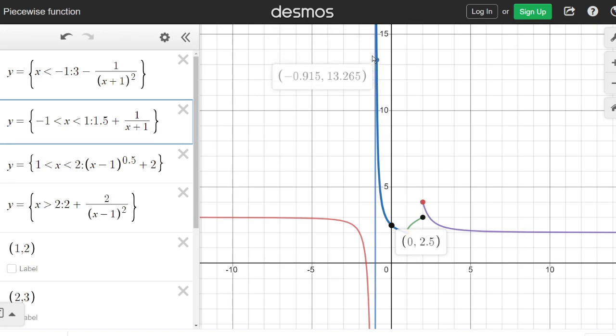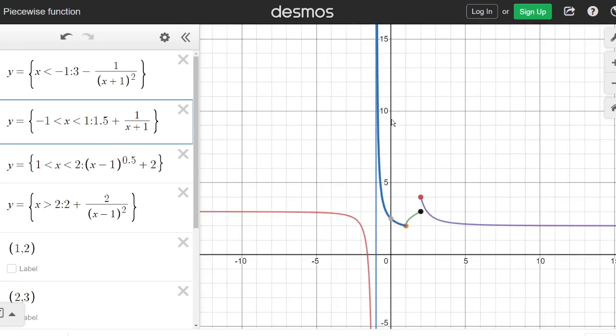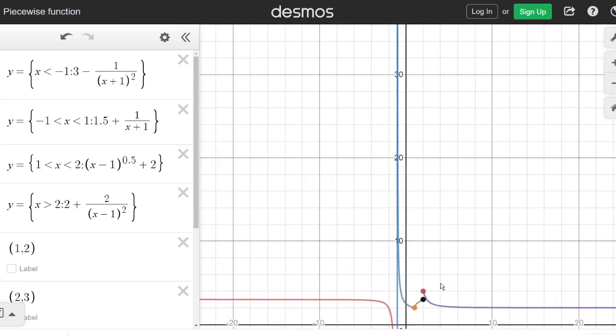Anybody want to describe how the y value changes as x approaches -1 from the right? How the y value changes? If I zoom out more, you could see something like this.